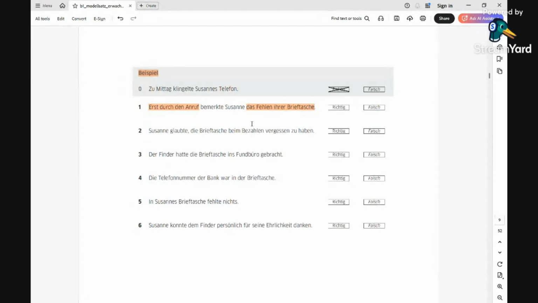So here we read, erst durch den Anruf, like first through the call, did Suzanne notice her purse was missing? Brieftasche, for those who do not know, is a wallet or a purse. So it seems that this person received a call, and through this call, this is the first time she notices that her purse is missing.